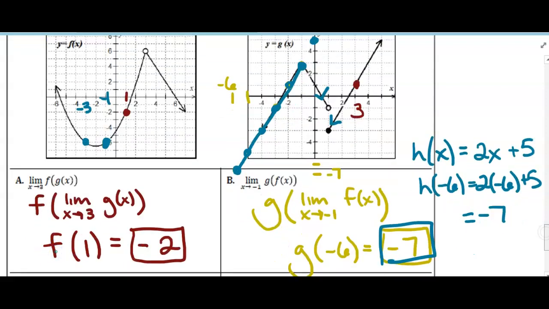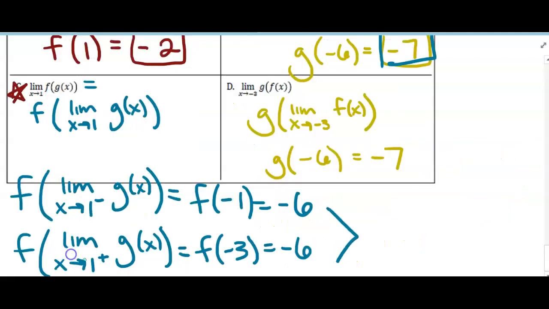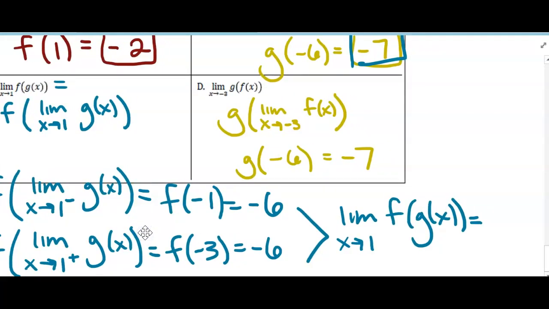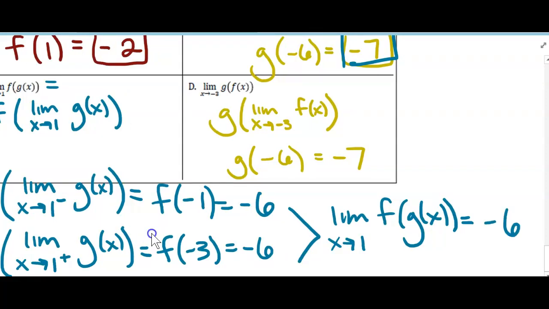It is also -6, which means because these two are the same, the limit they asked us for, the limit as x approaches 1 of f of g of x, is -6. We do have a numerical answer for this limit.